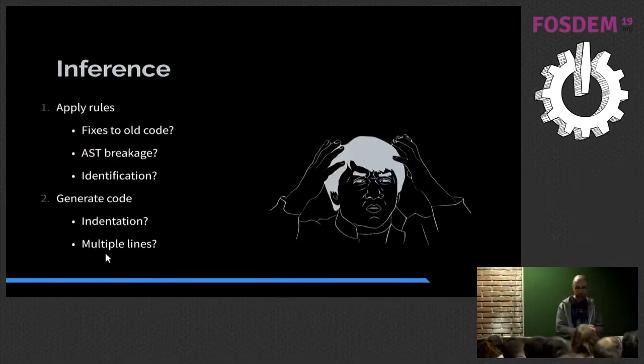So inference looks easier at first glance. You just apply the rules which you want, and then if you see some violations, so the token which you predict with the rule doesn't match the actual token in the source code, you generate the code suggestion. But it appears that this part is actually not less challenging than the training itself, because, for example, if you try to fix something in the old code which already exists, you should not do that, because developers are not happy.